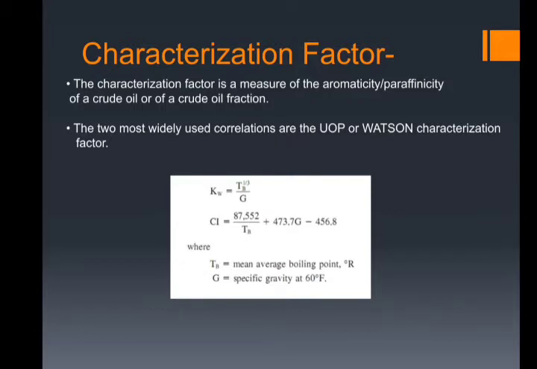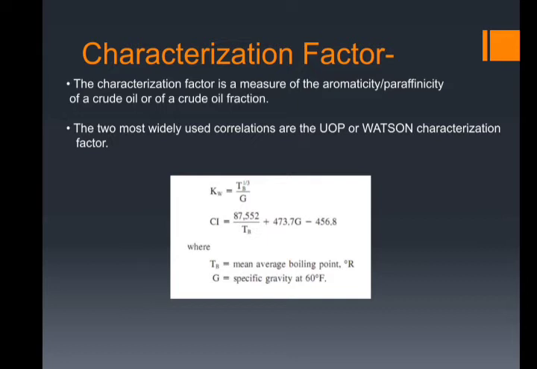So now the next topic is the characterization factor. The characterization factor is a measure of the aromaticity or paraffinicity of a crude oil or of a crude oil fraction. The two most widely used correlations are the UOP or Watson characterization factor, which I have written in this box.